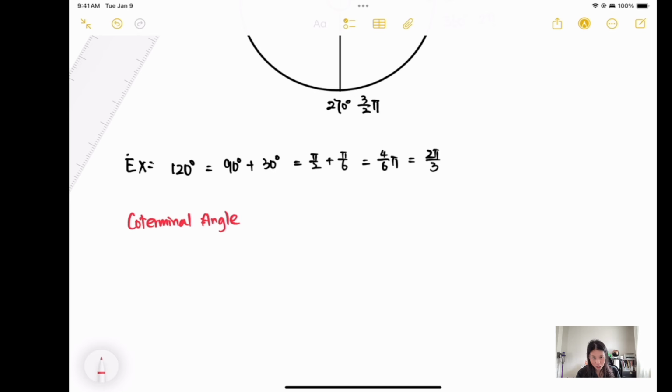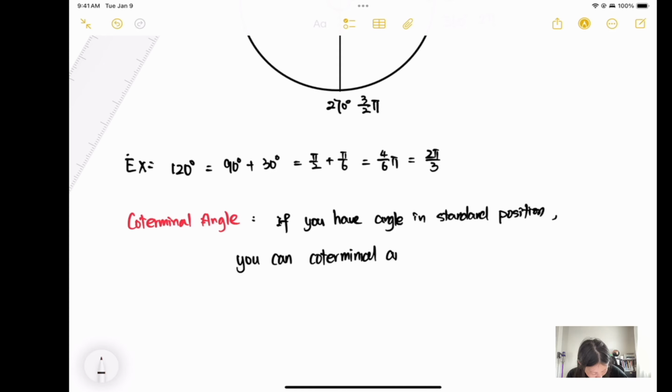If you have an angle in a standard position, you can find the coterminal angle by adding 360 degree or subtracting 360 degree.